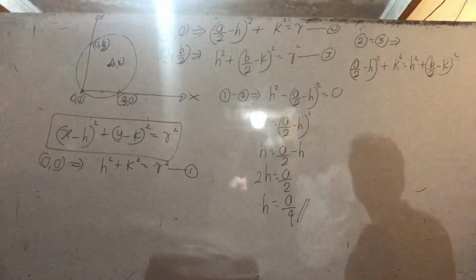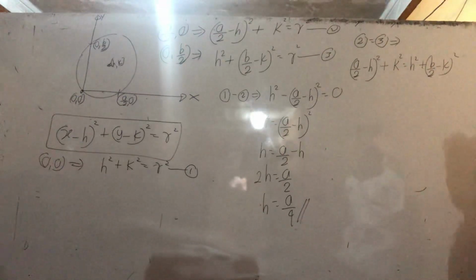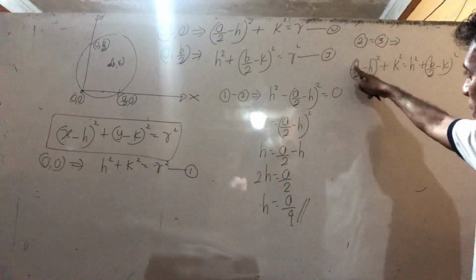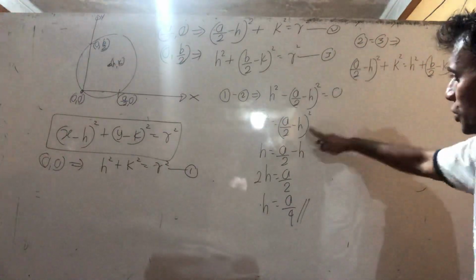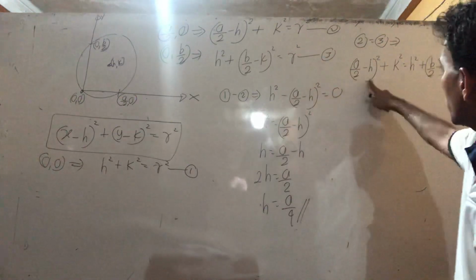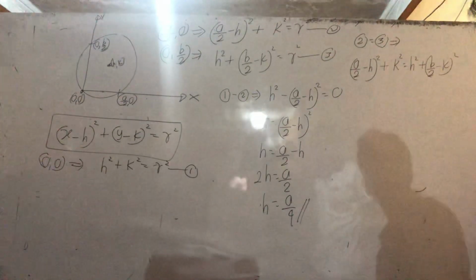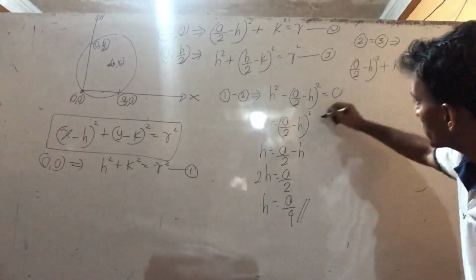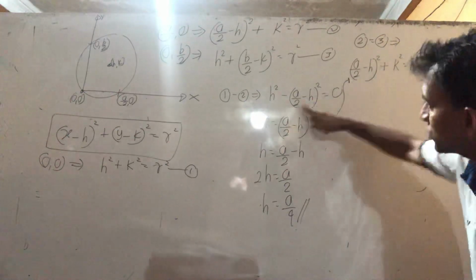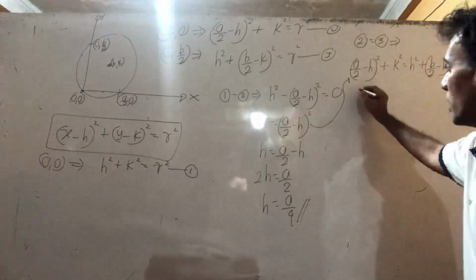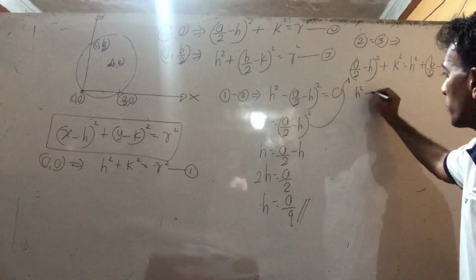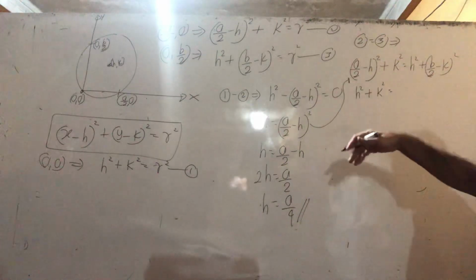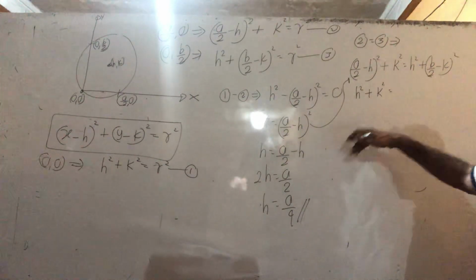Now simplify to get (a by 2 minus h) square; here h square. Yes, see this one, (a by 2 minus h) all things square is h square. Now check that, here h square, it's cancelled, it becomes 0. You can find the k answer here. There is no main coordinate geometry, just solving knowledge, right?